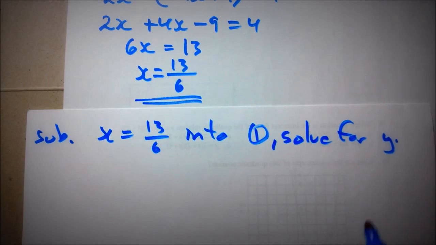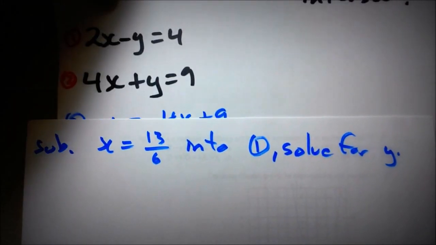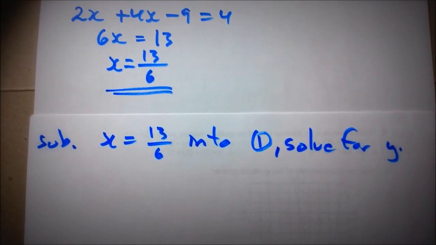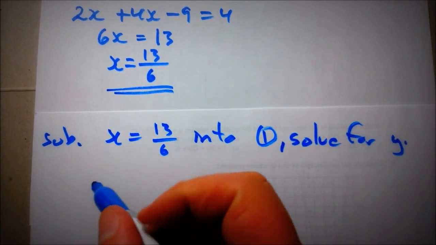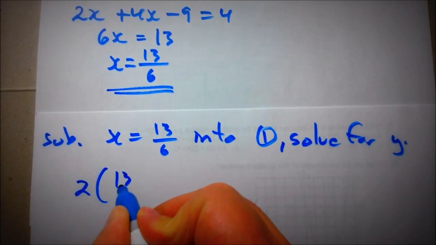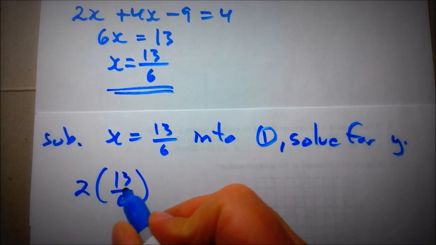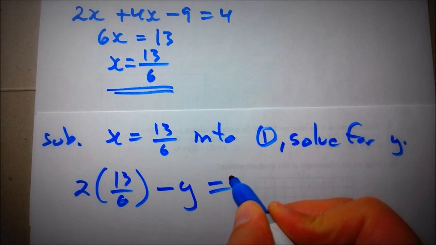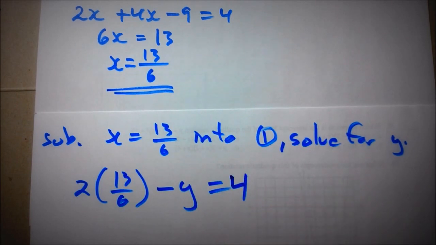We substitute it into equation 1. Our equation 1 is 2x minus y equals 4. So we do 2 times 13 over 6 minus y equals 4.